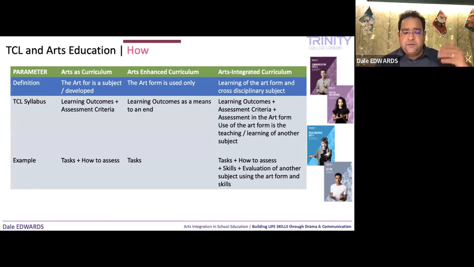But if you are using a Trinity syllabus, then if you're using arts as a curriculum, you can use both the learning outcomes and the assessment criteria. And you can also do this through tasks, and there's guidance on how to assess those tasks. If you're using it as an arts enhanced curriculum, then you could maybe only look at the learning outcomes.